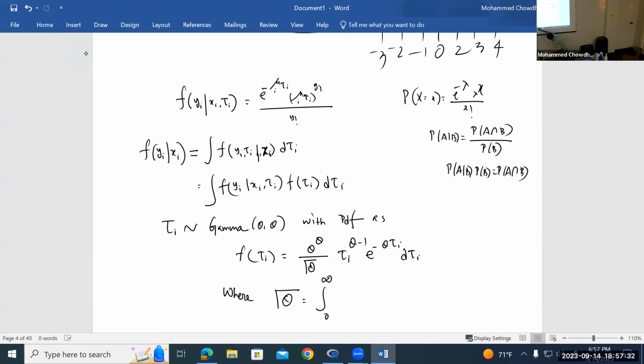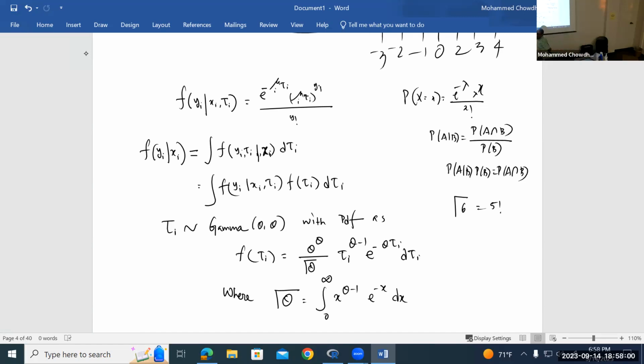I'm defining what gamma means; that is the definition. Our forefathers defined those things. The gamma function: gamma of 6 equals factorial 5. So the integral of x to the power theta minus 1, e to the power minus x, dx. This is the gamma function, that's the way it is written.